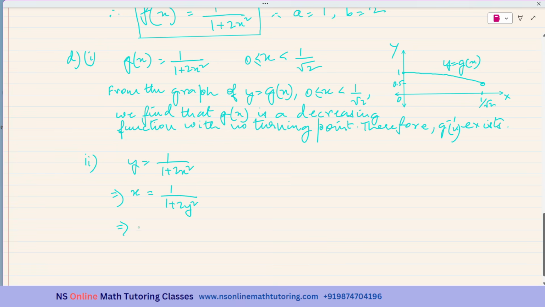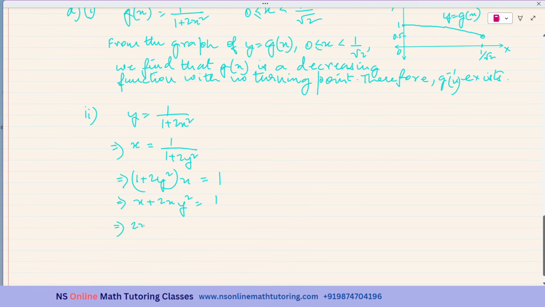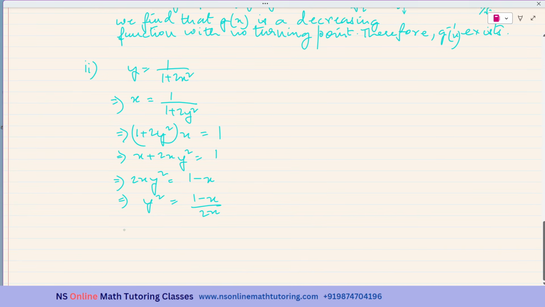So 1 plus 2y square times x is equal to 1, or x plus 2xy square equal to 1, or 2xy square equal to 1 minus x. Therefore, y square equal to 1 minus x over 2x. So, therefore, y equal to, we are taking the square root, so plus minus square root of 1 minus x over 2x. Don't forget to write the plus minus.